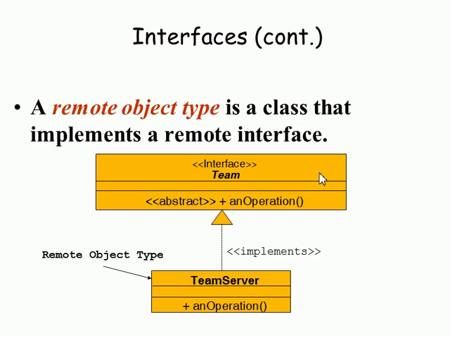This interface is something that you would expect your server to implement. When it implements the interface, it would expect to implement not just the interface, but the throwing of the remote exception at runtime.